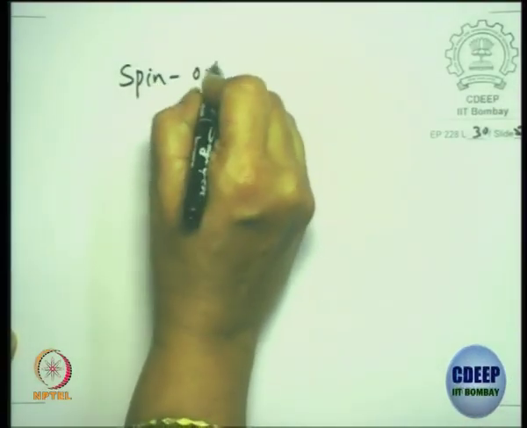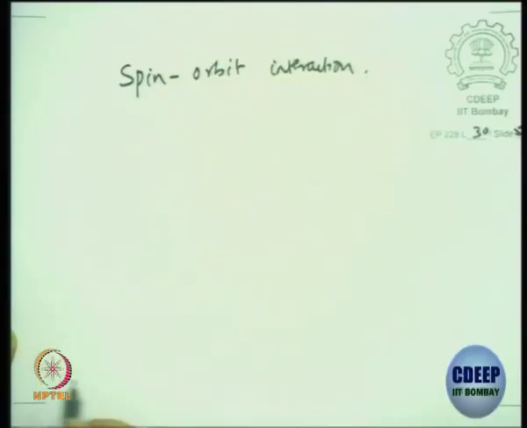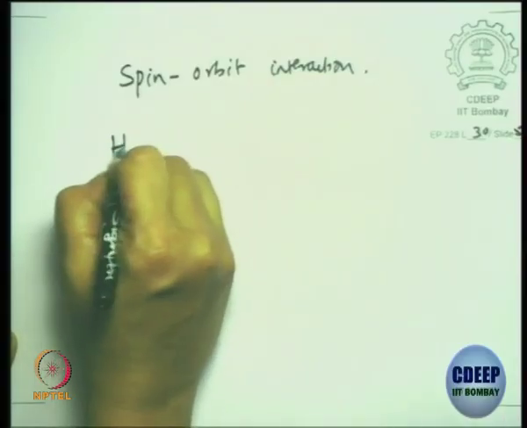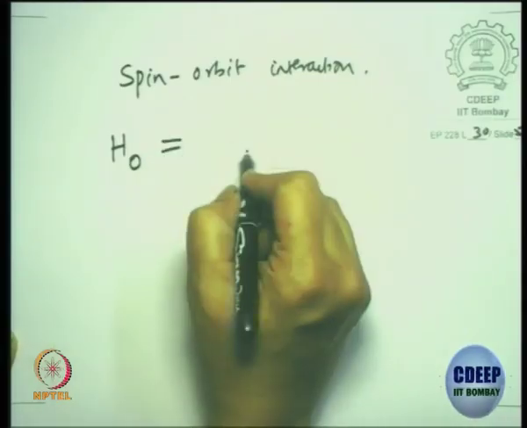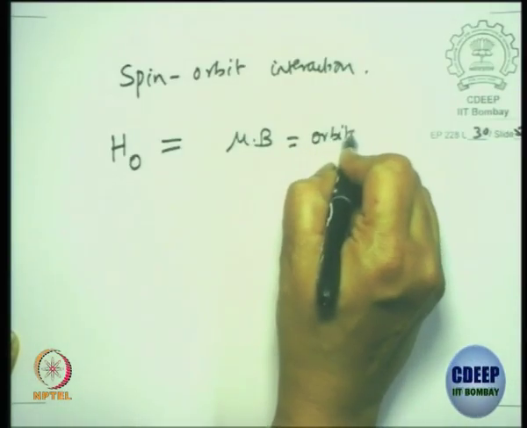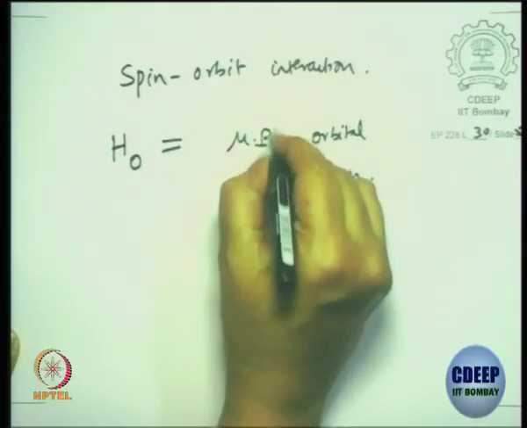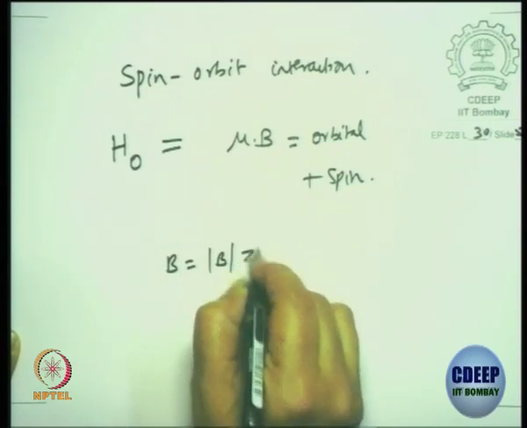So, this is what experimentally could happen. This is called spin orbit interaction. Typically your Hamiltonian to start with, let me call the initial Hamiltonian, is minus mu dot B, which could have an orbital piece plus a spin piece. Let us take B along the Z direction, take B to be mod B Z cap.